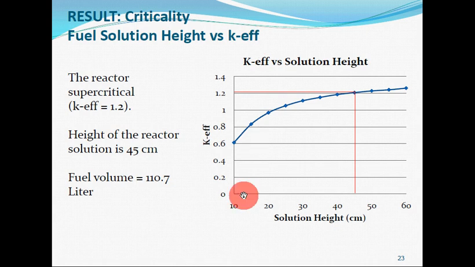We see in this graph, if the solution height is increased, we see the K effective is also increased. This is the reactor supercritical with K effective 1.2 right here.